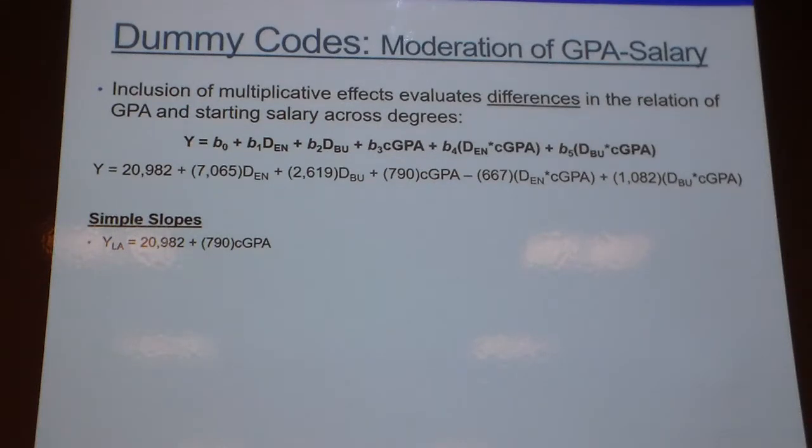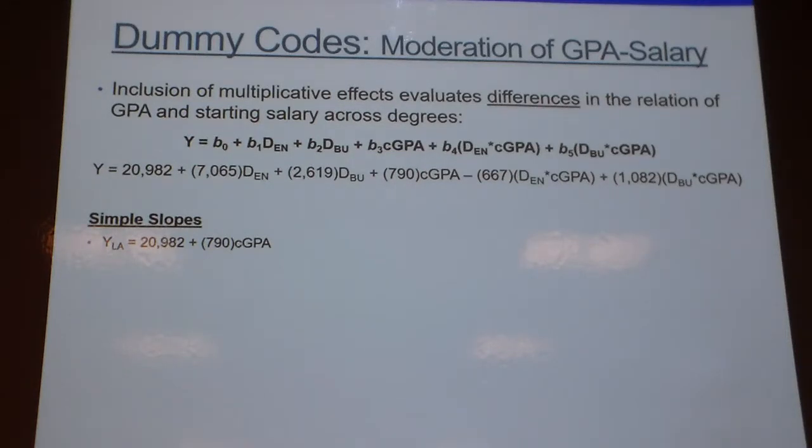Because you took the other stuff out. Why did that other stuff fall away? Right. So if I hold everything else constant at 0, if I put 0, this means I'm not an engineer. So that goes away. If I put a 0 for this, it means I'm not a business major.